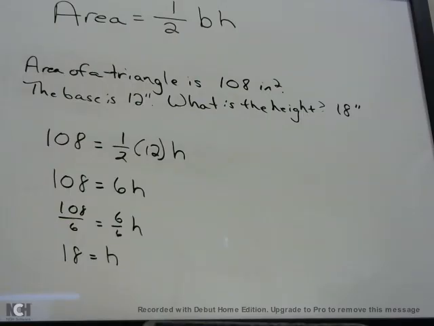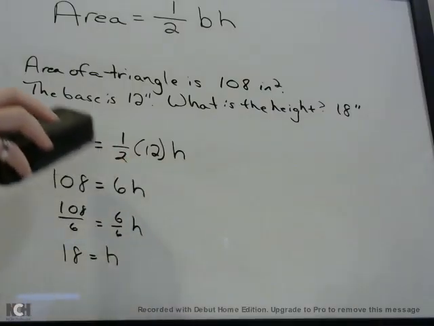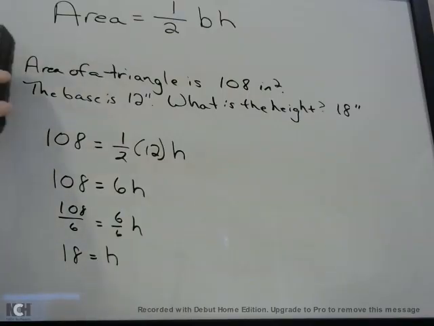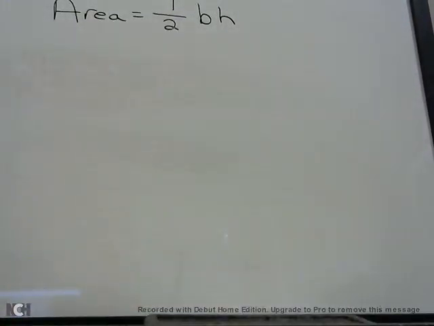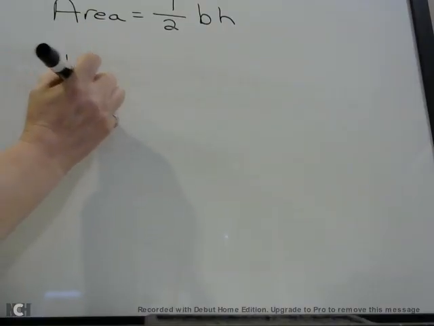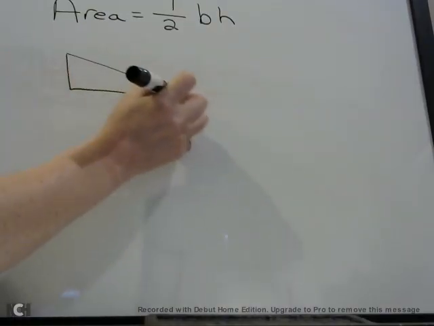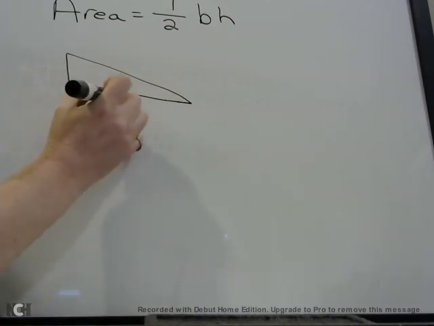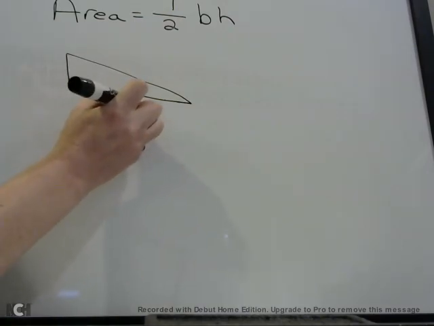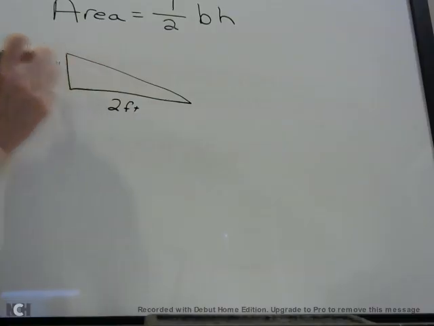One thing that I want you to be aware of, really with any problem, is the units. So here, for example, we were dealing with inches. But let's say that they gave you a triangle that looked like this, and this is not actually drawn to scale, but they say this is 2 feet and this is 9 inches. And they ask you what's the area of the triangle.